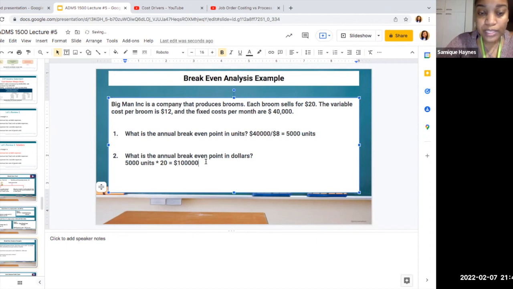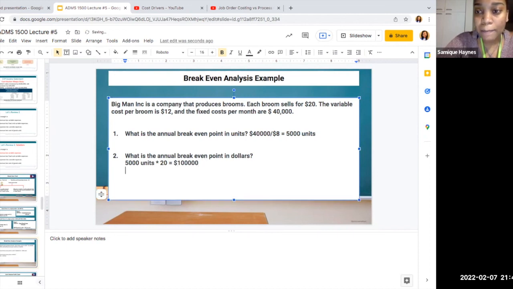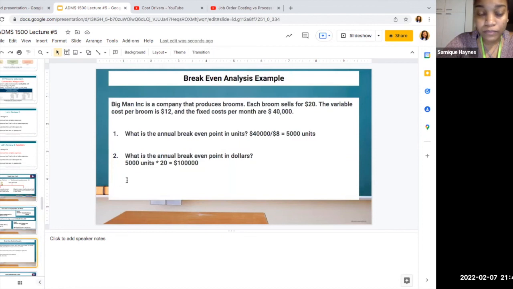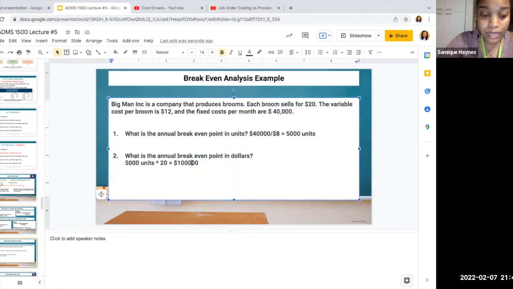Another way we do this is by finding the contribution margin ratio, right? So we still use the same total fixed cost and we divide it by the contribution margin ratio. So can somebody find that for me? What do you get? So we still use the same $40,000, but this time I'm gonna put the big or here.